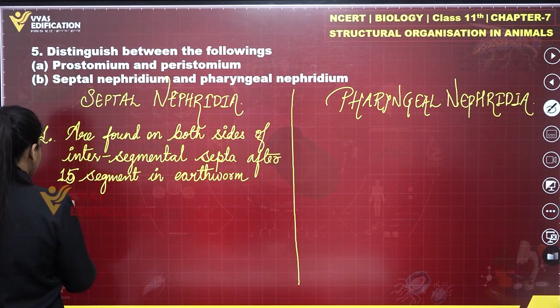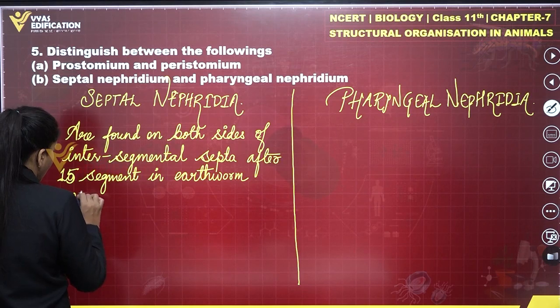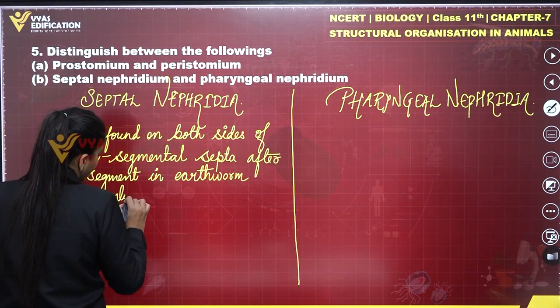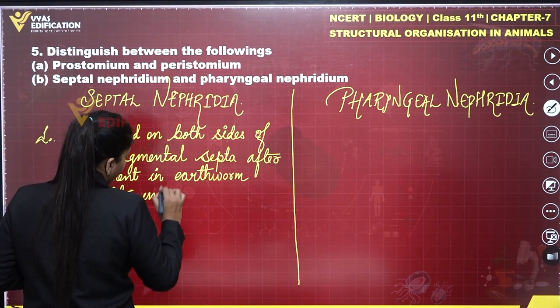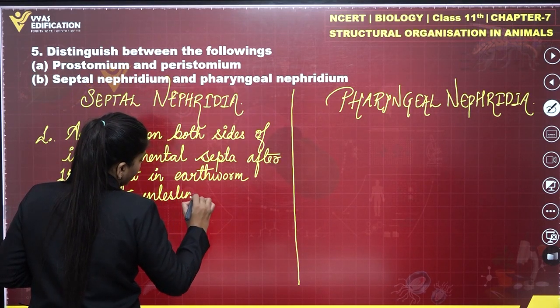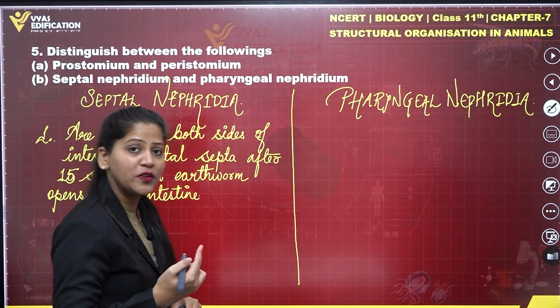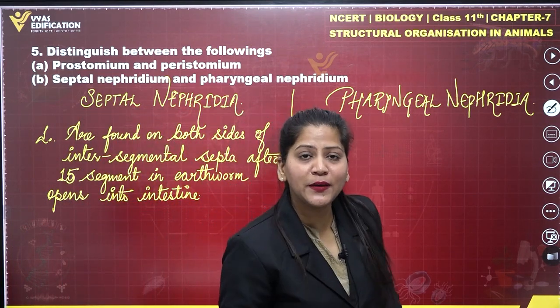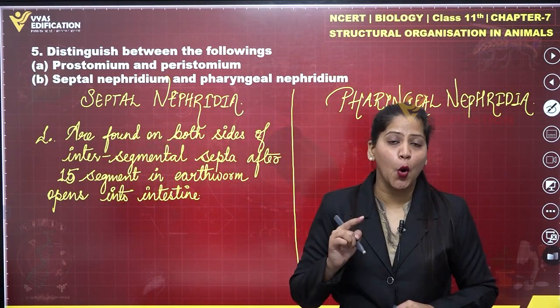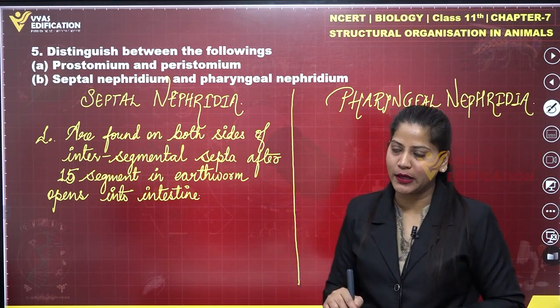Also, they open into the intestine. The septal nephridia of the earthworm open into its intestine.